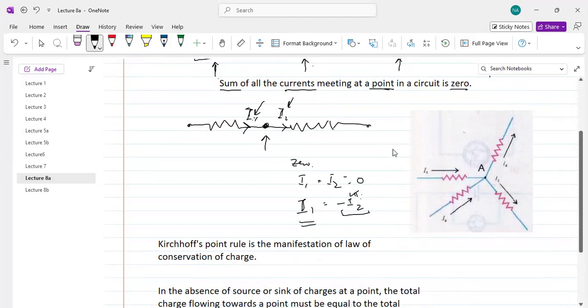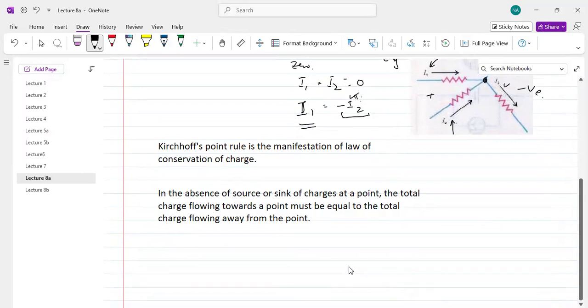As an example, here we consider a point in a circuit. There are four resistances and four circuit branches meeting at a point A. Suppose that two currents I1 and I2 flow towards this point, and two currents I4 and I3 move away from it. We usually use the convention that if we take the current flowing towards the point as positive, then currents flowing away from the point are taken as negative.